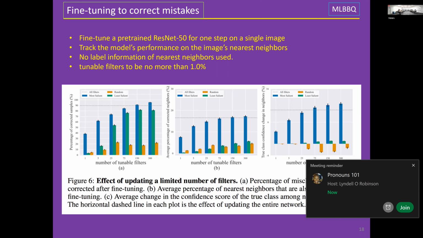And they are showing here the overall classification performance, the percentage of corrected samples. They are showing that if they correct 150 filters in this manner, then all of the misclassified samples will now be predicted correctly.